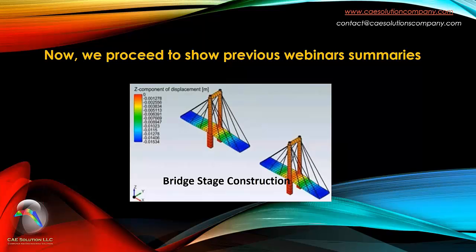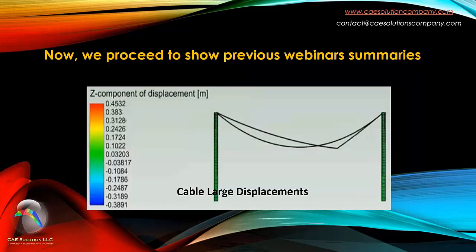Bridge stage construction: there are loads that, if not looked at in a simulation of the staging or erection of a structure, can cause failure at the site. Cable axis displacement, thanks to the powerful nonlinear capabilities of MARC, is a very simple thing for CivilFEM to model and analyze.